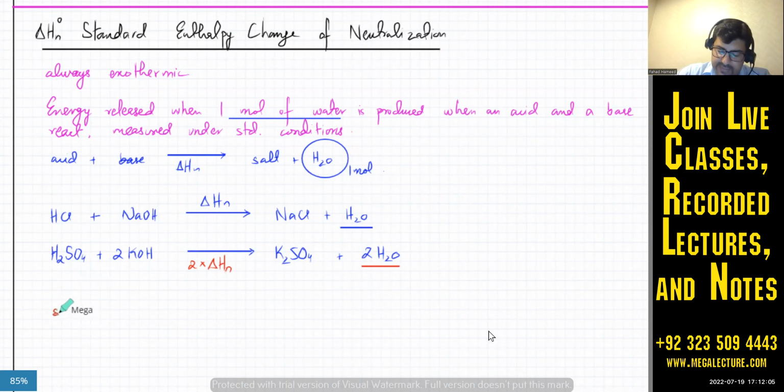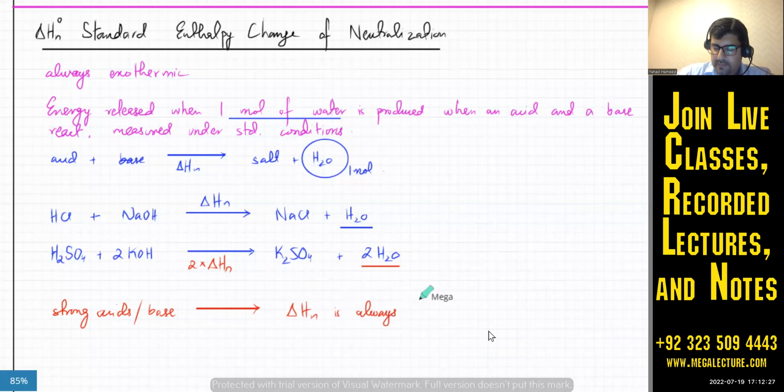So for strong acids, any acid and any strong base, delta Hn is always equal to around minus 57 kilojoules per mole. So it doesn't matter which acid you're going to use. The energy that's going to be released would be always exactly the same.